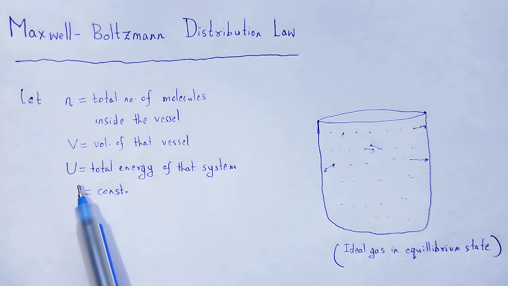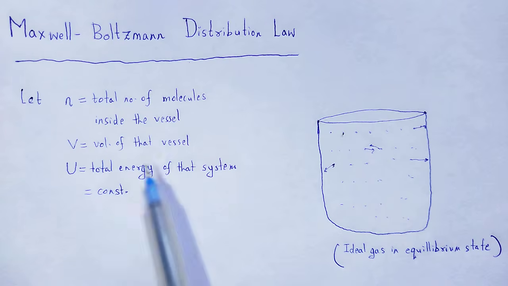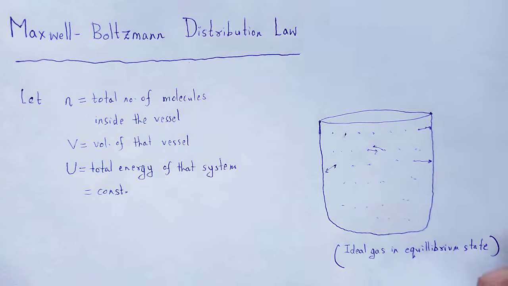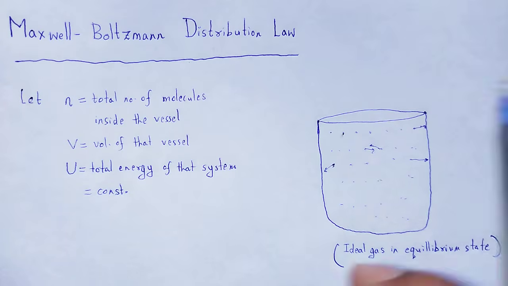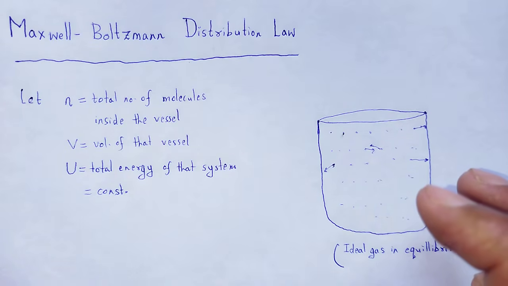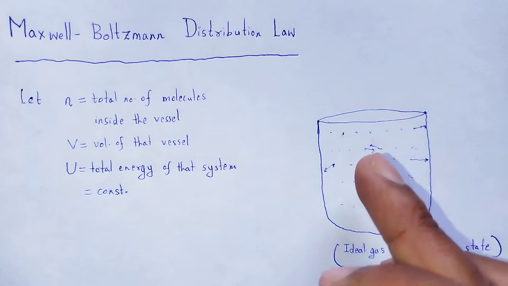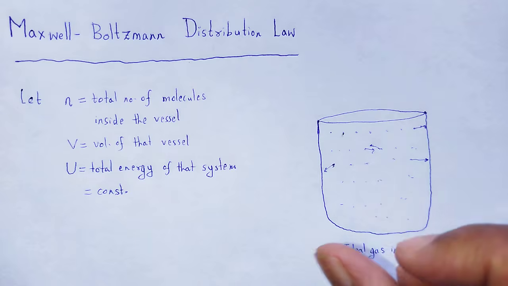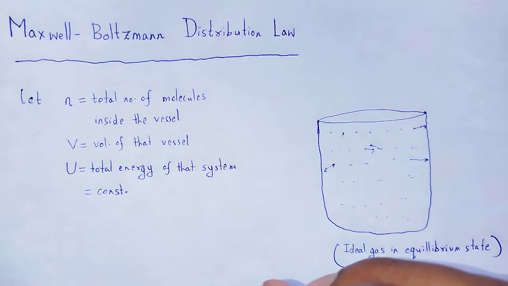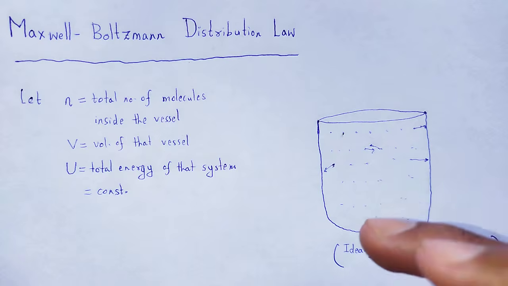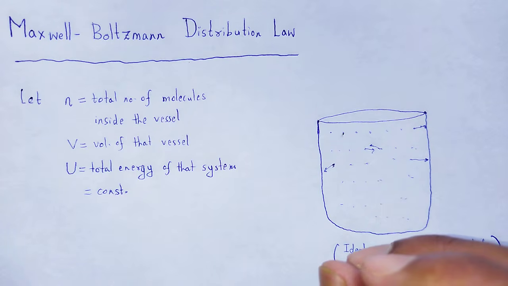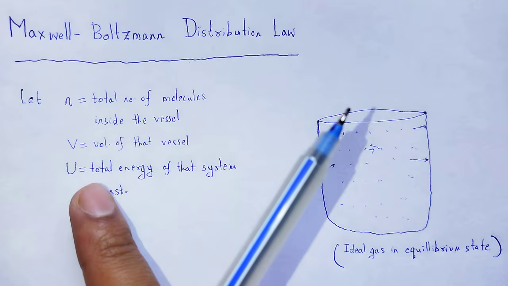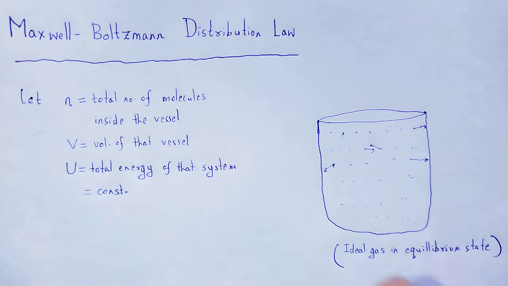Now, the total energy of the ideal gas enclosed within volume V is divided among the individual gas molecules. Let us consider that the total energy of the ideal gas is divided into k intervals.